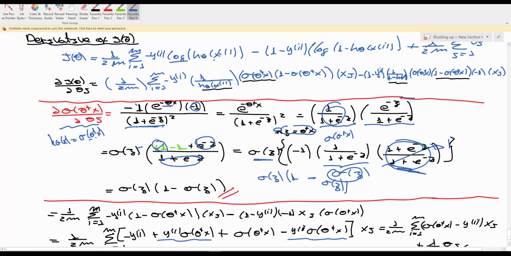Remember that the derivative of the logarithm is 1 over h of theta of x, times what is inside, and what is inside is the hypothesis. Taking the derivative of the hypothesis is what we have just calculated, and that is the sigmoid times 1 minus the sigmoid. And the next thing is that we need to derive what is inside of the hypothesis, which is theta transpose times x.